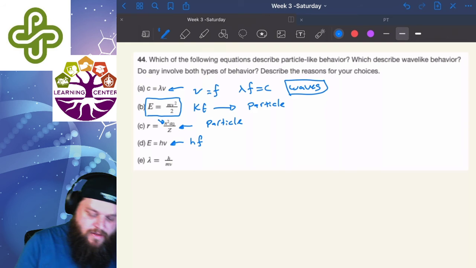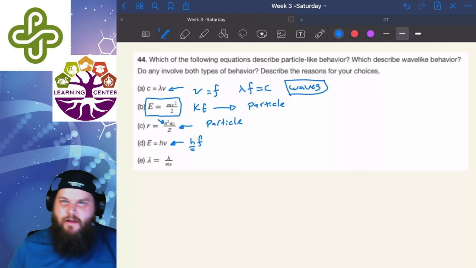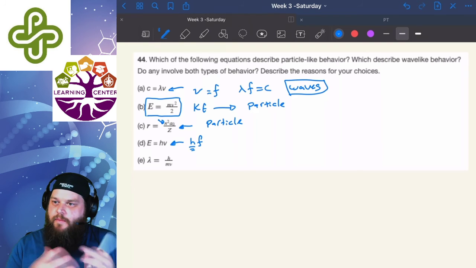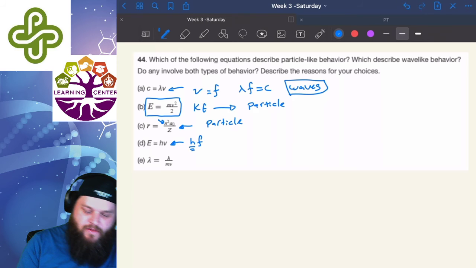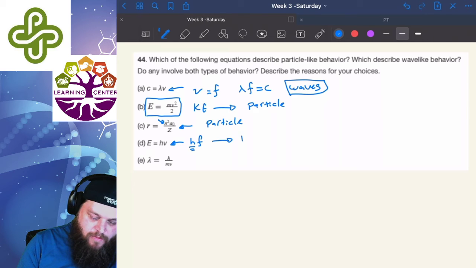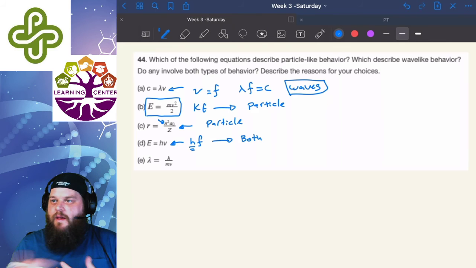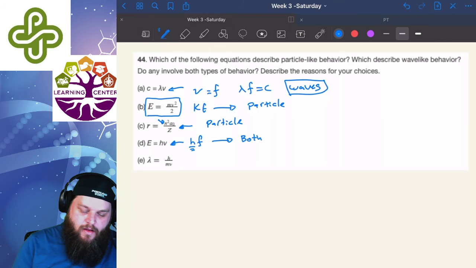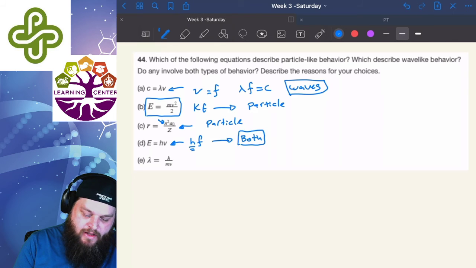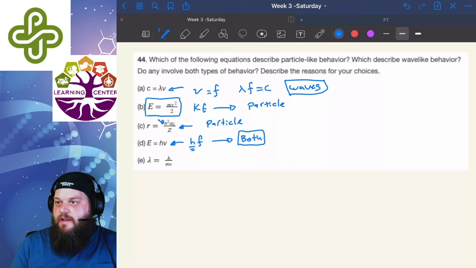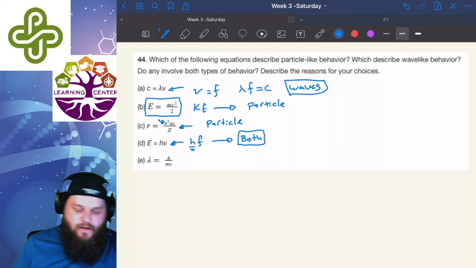Now, this h really helped bridge the gap between particles and waves. So this corresponds to the wave and particle duality that's happening in physics at that time. So anytime you see that h in there, it's accounting for the dual nature of particles and waves.